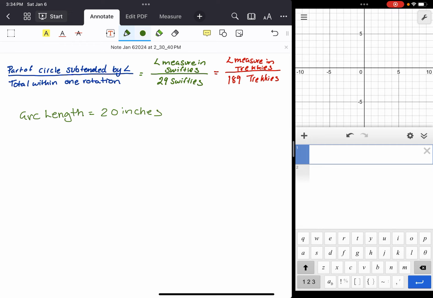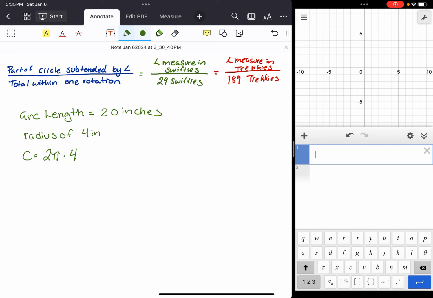And we're also given that we have a radius of 4 inches. Now, if we're thinking about pieces of our circle, arc length is a part of the circumference. So if we want the total within one rotation, we need to find the circumference of our circle. So our circumference here would be equal to 2 pi times the radius.